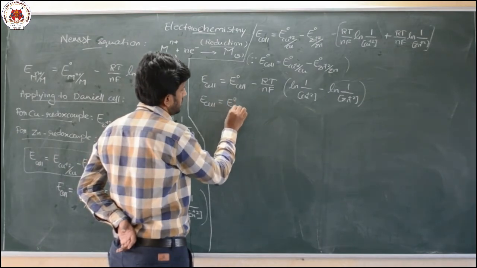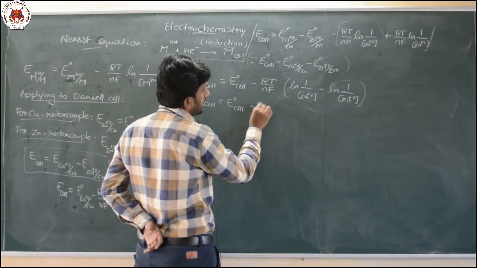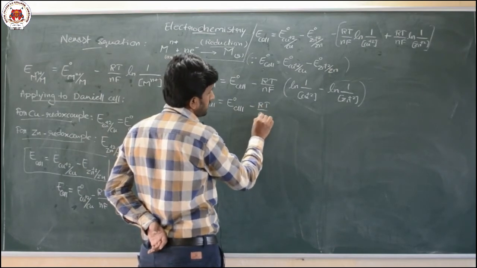Now, E cell is equal to E naught cell minus RT by nF.